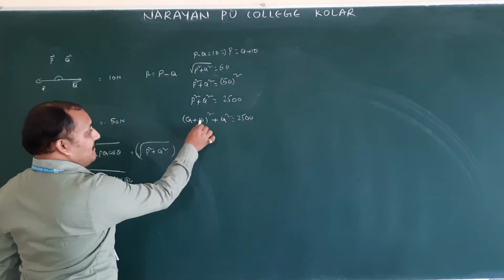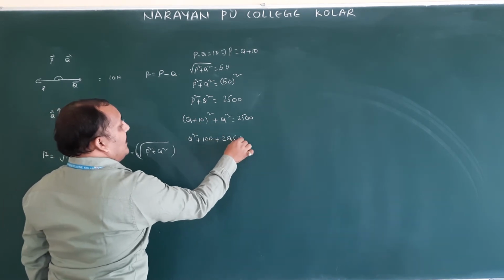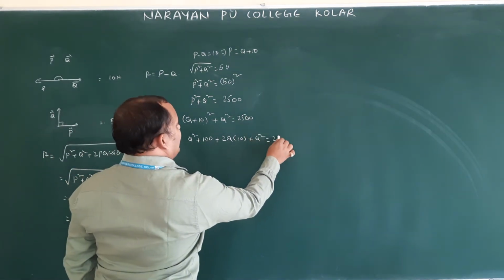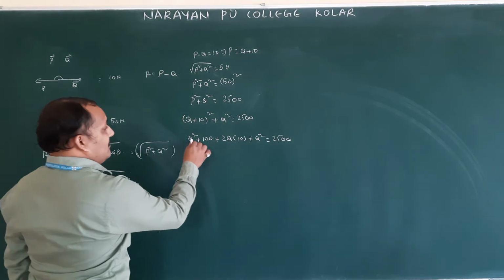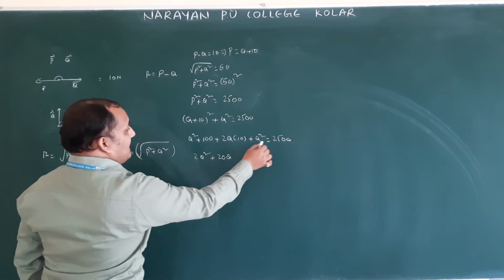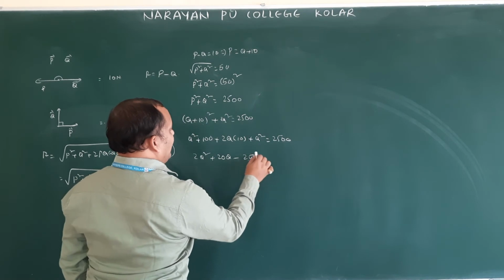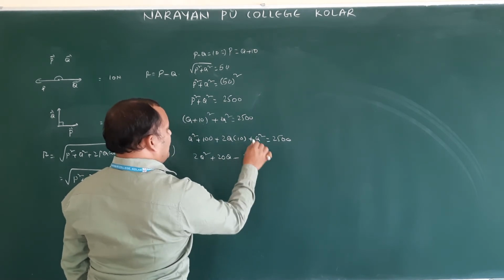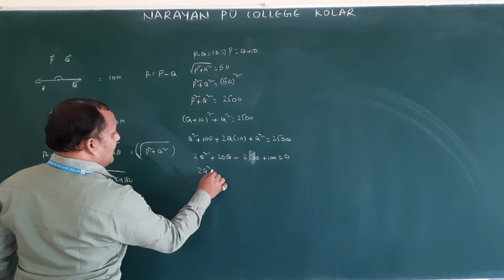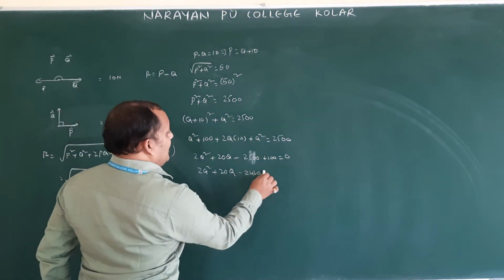Q will be coming. So a plus b whole square formula: a square plus b square plus 2ab, that is nothing but 100 plus 20Q plus Q square, plus Q square is equal to 2500. Q square plus Q square, 2Q square plus 20Q. This 2500 is coming to LHS, minus 2500 plus 100 is equal to 0. 2Q square plus 20Q, 2500 minus 100, how much you will get? 2400.